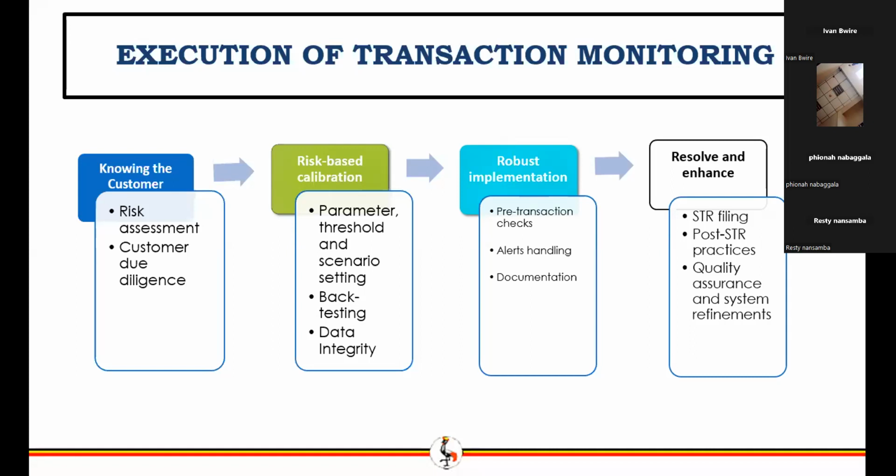So at the second stage of transaction monitoring, you start looking at the thresholds. Having obtained adequate KYC and you know how you profile your client, then you start looking at the thresholds in which they transact to see if it corresponds with the KYC information they gave you. If the KYC information says I deal in this business, and now at the transaction point, you're seeing whether the monies that are exchanged correspond to the nature of the business.